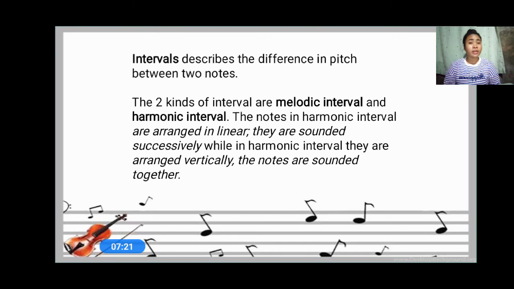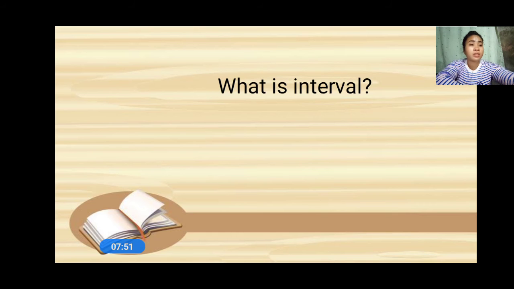So again, what does interval describe? The difference in pitch between two notes. What are the two intervals? The melodic interval and the harmonic interval, in which melodic interval is sounded one after the other, while harmonic interval is sounded simultaneously. And then I have your question, what is interval?